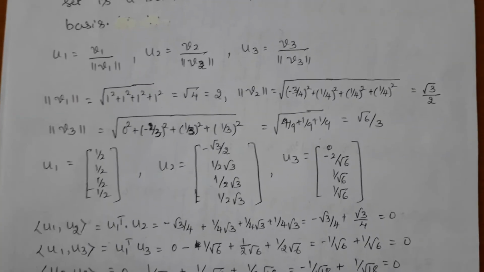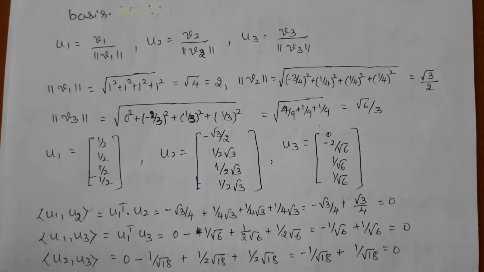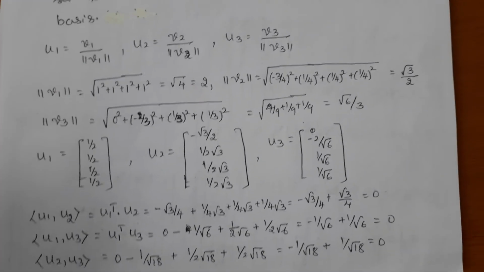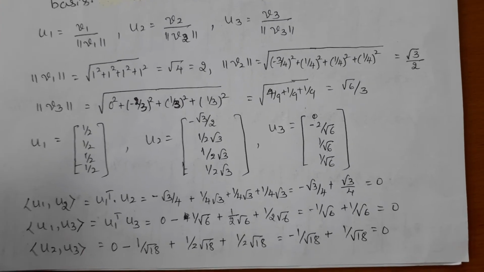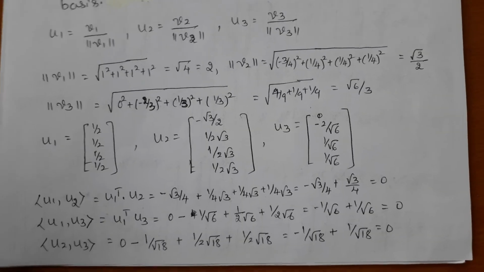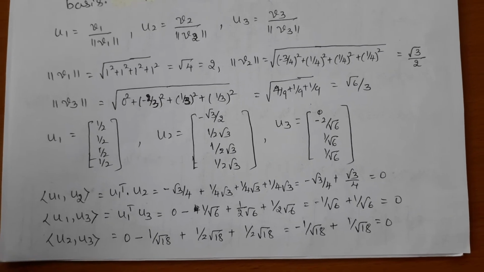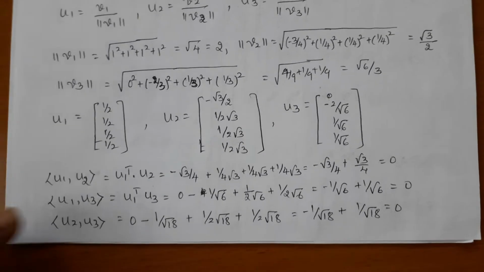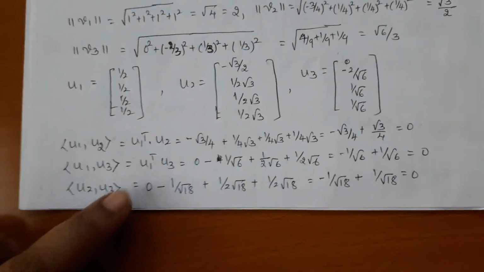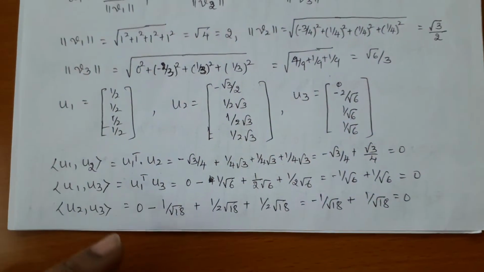Once we get U1, U2, U3, I have to find out whether it is an orthonormal set. Orthonormal set means the inner product of Ui, Uj is equal to 0 for i not equal to j, and the inner product of Ui, Uj is equal to 1 for i equal to j. Then we say that it is an orthonormal set.